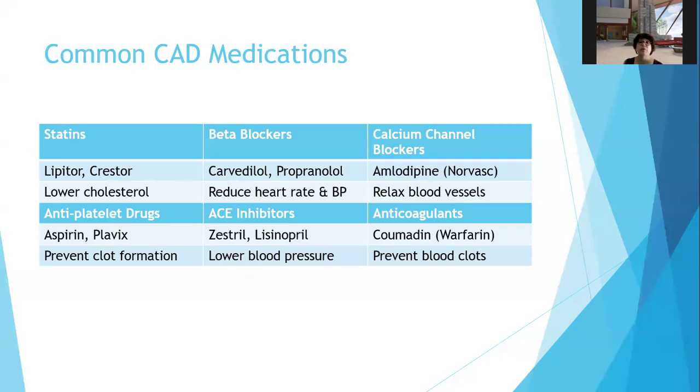ACE inhibitors end in -RIL or -PRIL, Zestril, lisinopril, and they lower blood pressure. Calcium blockers, they usually end in -INE, and they relax blood vessels. And anticoagulants like Coumadin, which is also known as warfarin, prevent blood clots. So it's an anticoagulant.